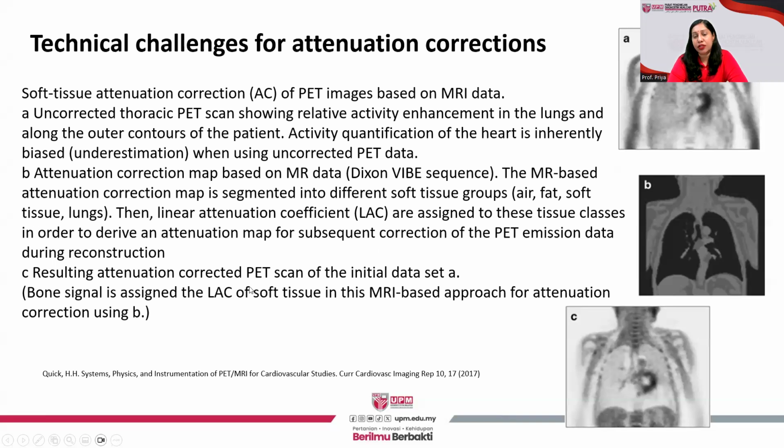The resulting attenuation corrected PET scan of the initial data can be seen, where this is the PET data and this is the MR data, and then the fusion will occur in order for us to see the PET-MR data in one fused image.